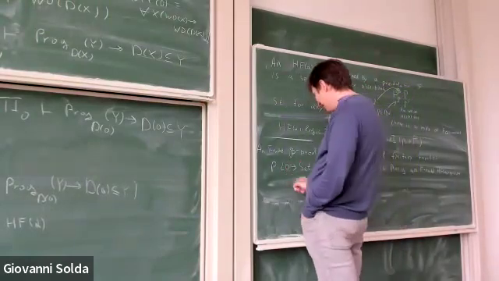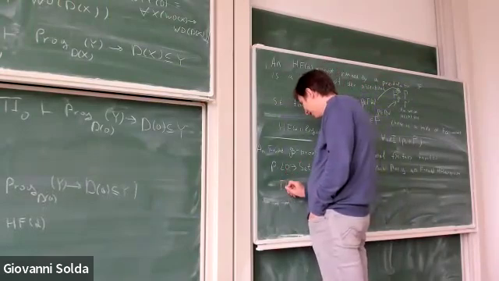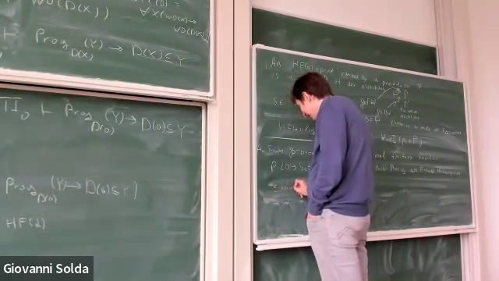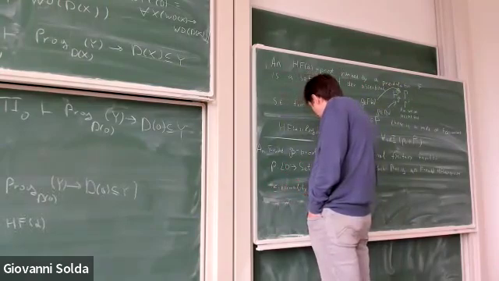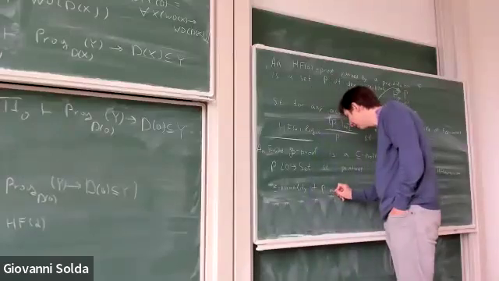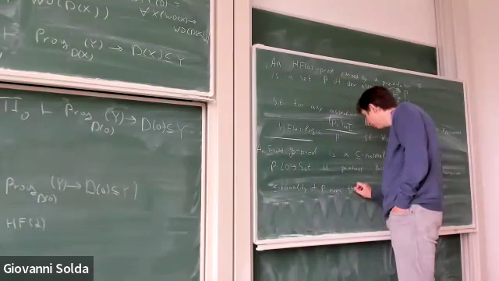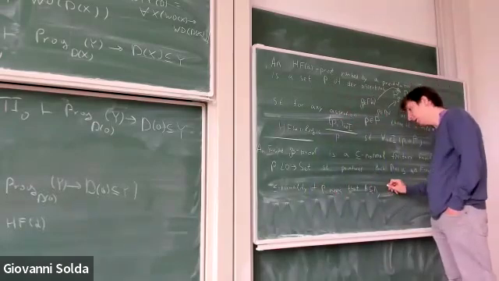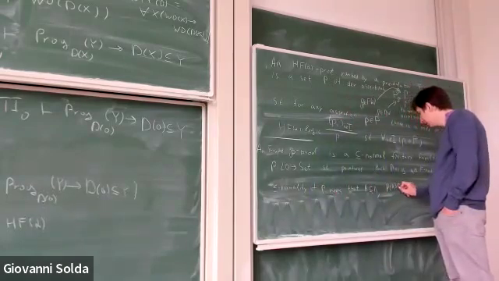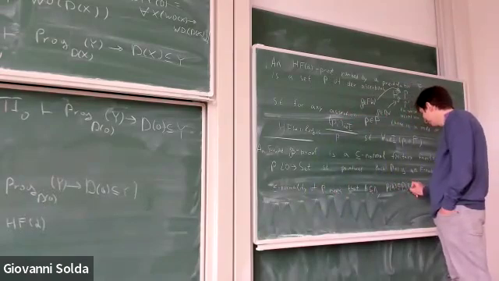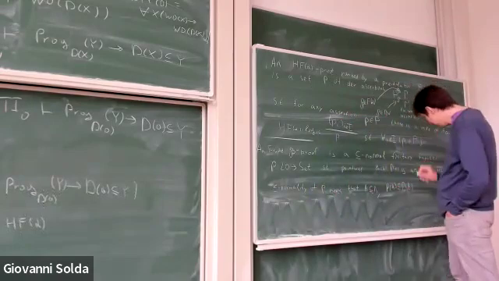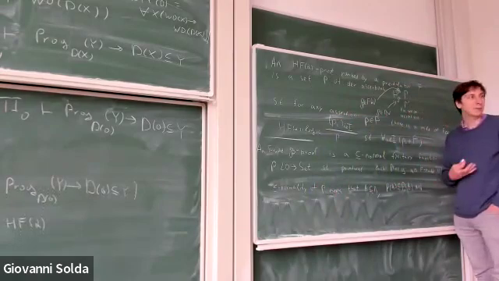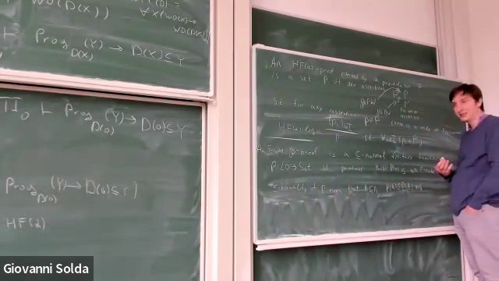Subset normal means that if you have two linear orders, where one is a subset of another, then P of A is a subset of P of B, and the image of the identity map from A to B is the identity.